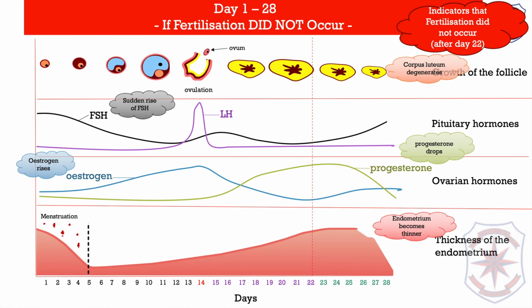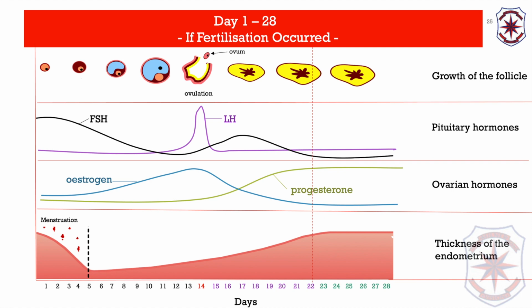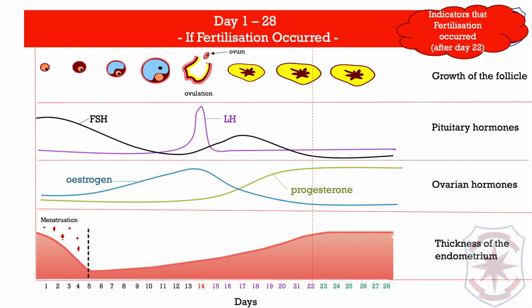But what if fertilization has occurred? The indicators are, remember, look beyond day 22. The corpus luteum remains large or does not degenerate.